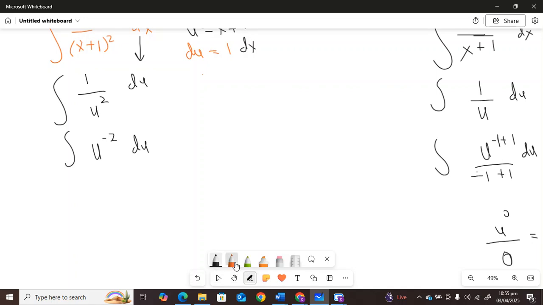So you're going to say negative 2, always add a 1. So negative 2 plus 1 over negative 2 plus 1. Negative 2 plus 1, that is negative 1. So you have u to the power negative 1 over negative 1.